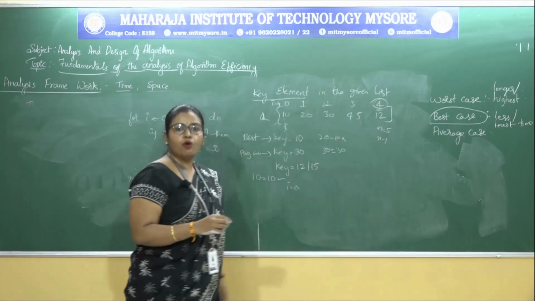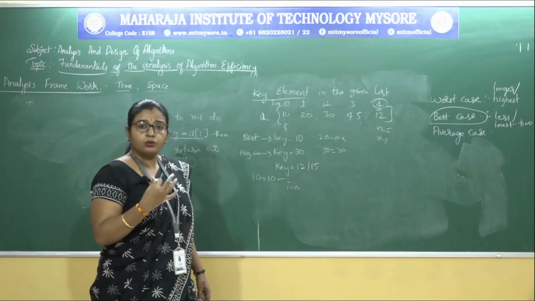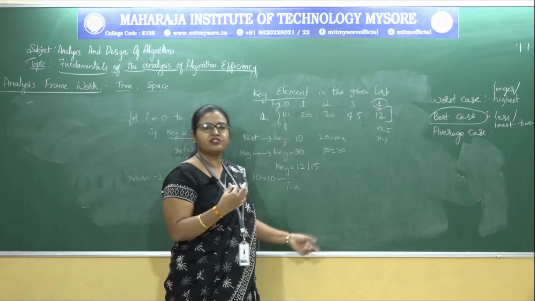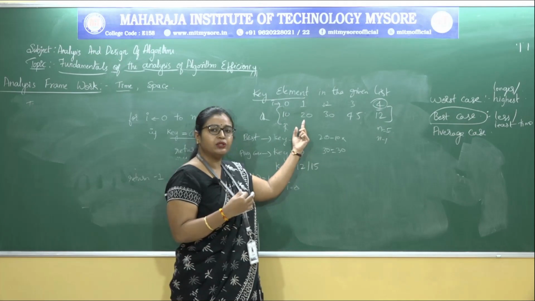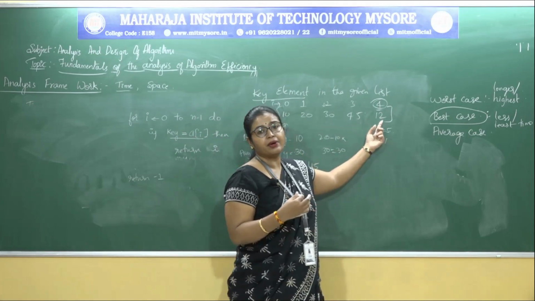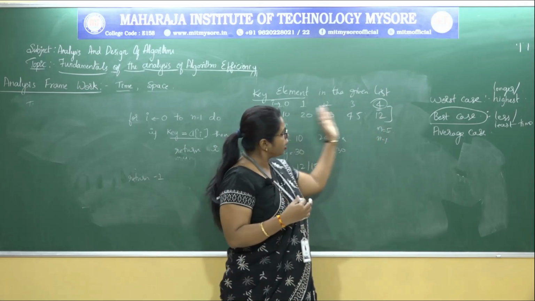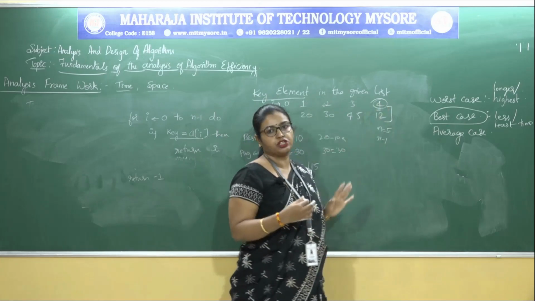The i value is 4, but don't think about the position. Now just go with the number of steps we have done. We have compared with 10, with 20, with 30, with 45, and then with 12. So all possible cases we have checked, and we have ended up at the last position.